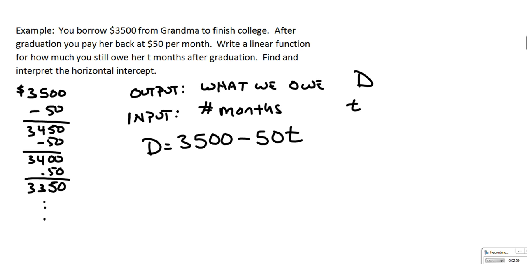The horizontal intercept is going to be the value of T when D is 0, the value of the input when the output is 0. So to find the horizontal intercept, what we're finding is how many months will it take to pay our debt off? How many months until the debt is 0?